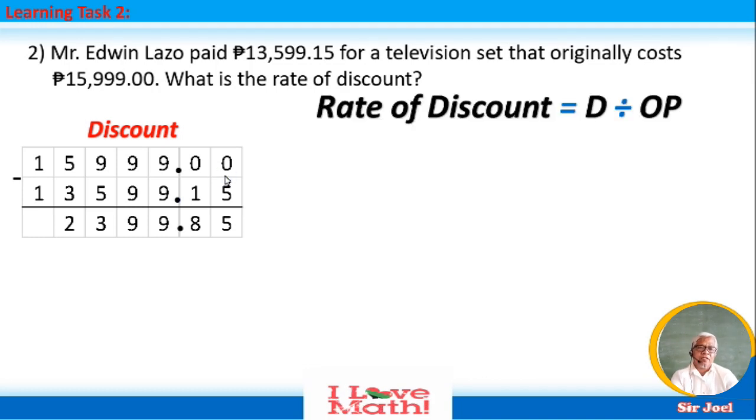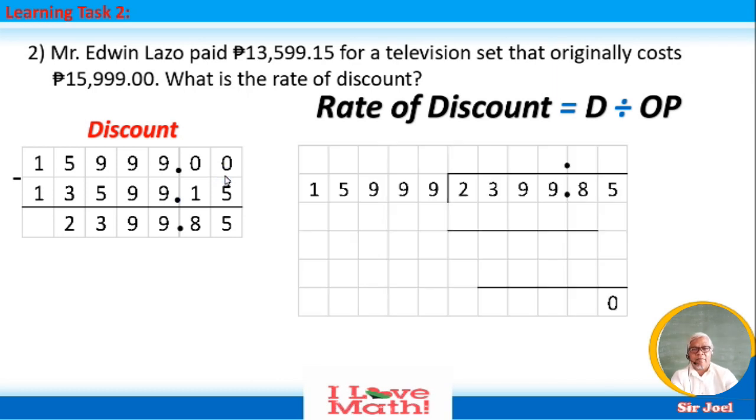After this, anong gagawin natin? Ang rate of discount ay discount divided by the original price. So, kita natin, ang ating discount is 2,399 pesos and 85 centavos, and the original price is 15,999 pesos. So, i-divide lang ninyo ito.